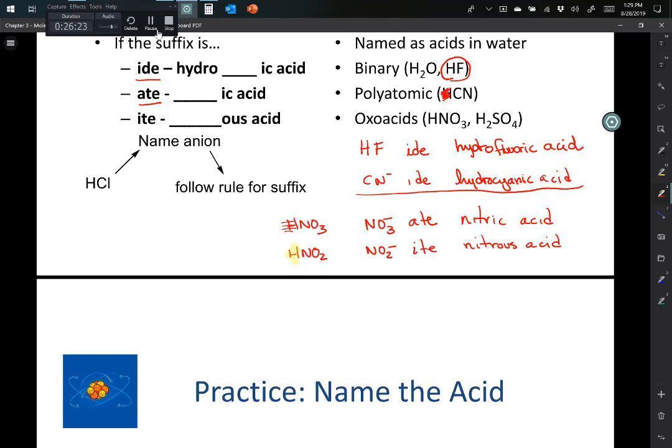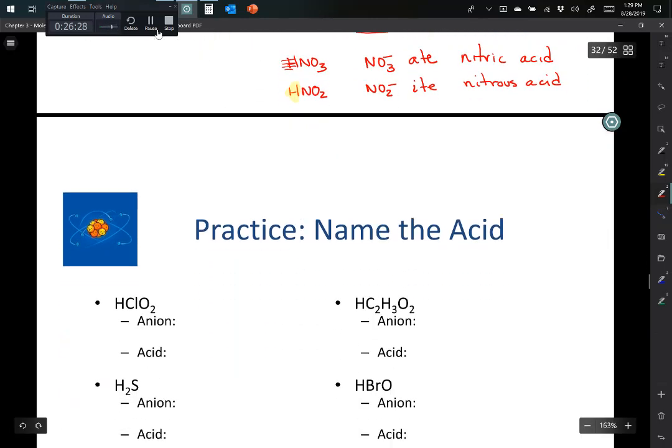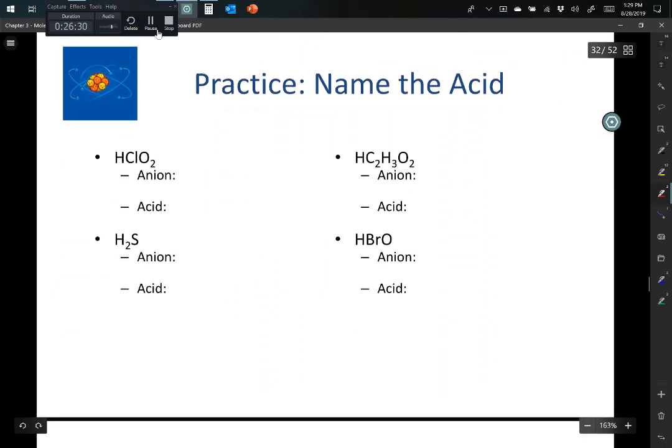All right, let's practice. Let's do this one. I'll do this one with you. What's the first thing you do? Get rid of the H, put your thumb over the H. Then you look at what's left, ClO2.